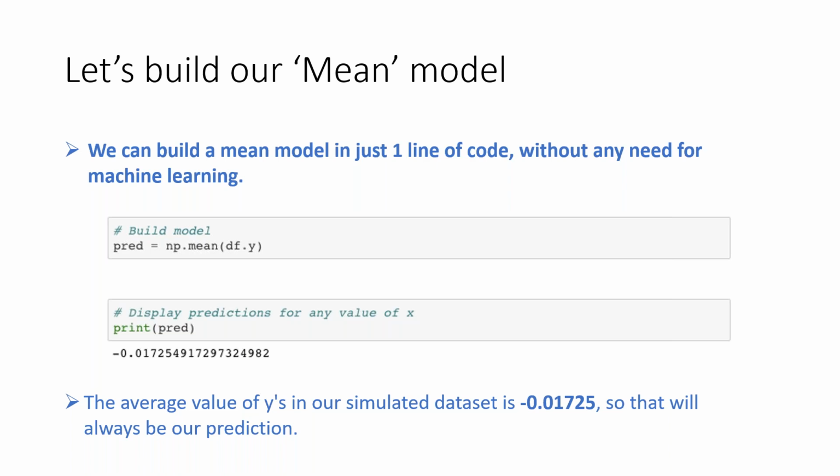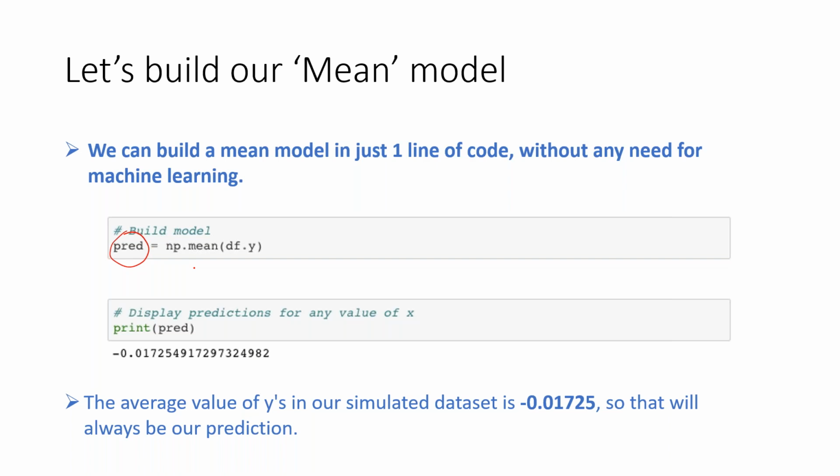So what we have to do is calculate the mean of our y column. I am calling the variable pred, and I am using my np.mean function, or you can do df.y.mean also, but anyway we are using np.mean and passing my y column.